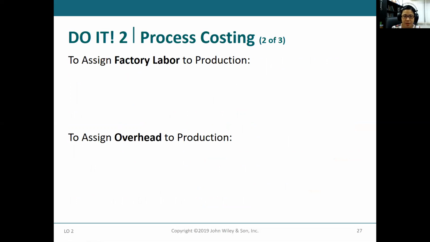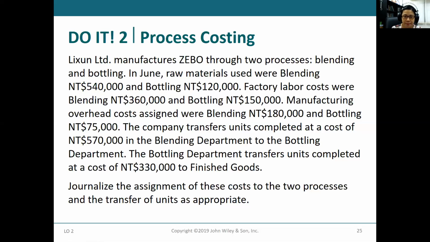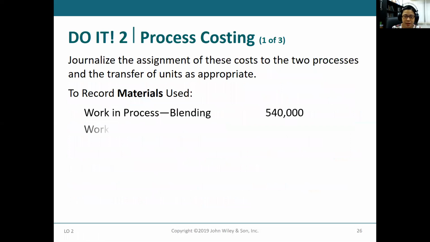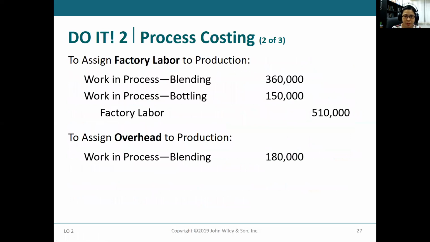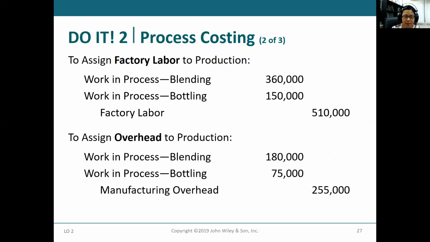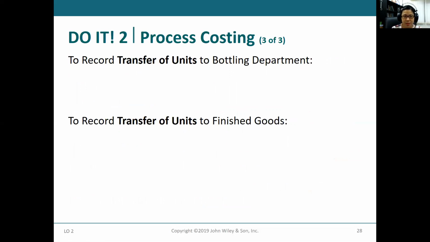And then the question says the manufacturing overhead costs assigned were 180,000 for blending and 75,000 for bottling. So we debit work in process for blending 180,000, work in process for bottling 75,000, and credit manufacturing overhead for 255,000.